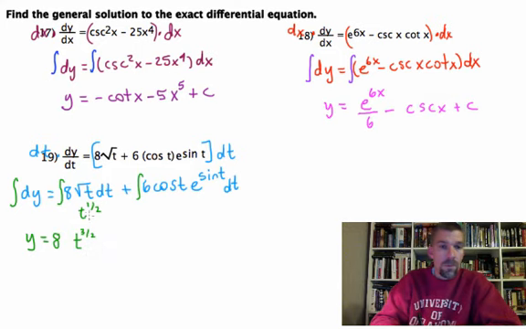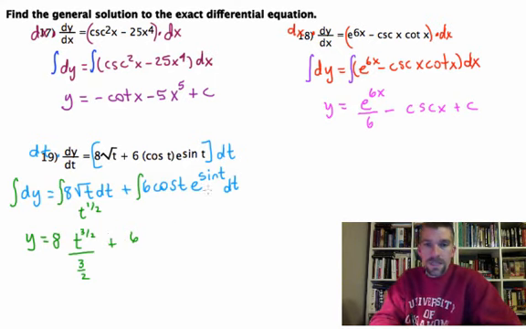Now, remember, I just want that 1 in front of the square root of t right there. So I'm going to divide by that exponent. And there's this first guy. Plus 6 times cosine t e to the sine t.